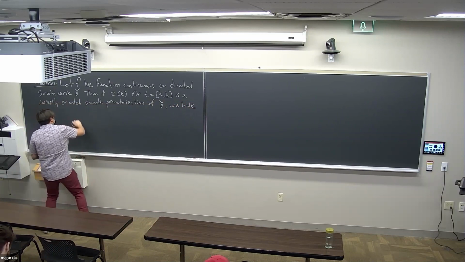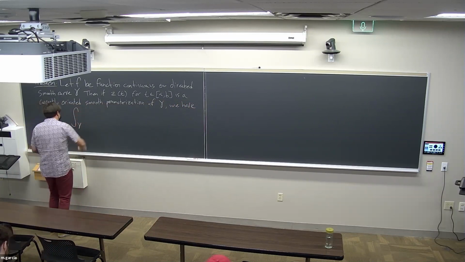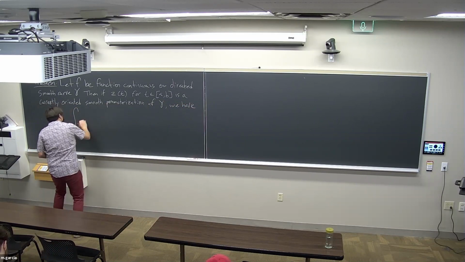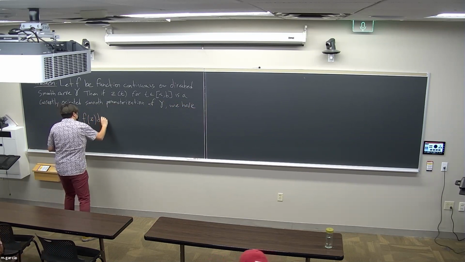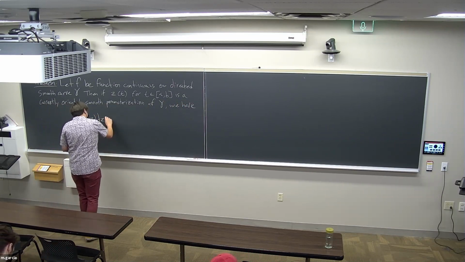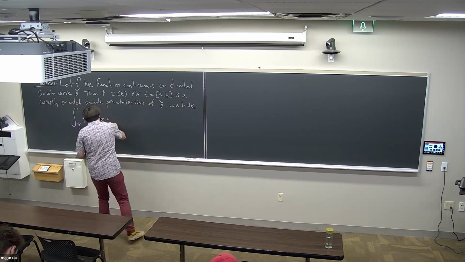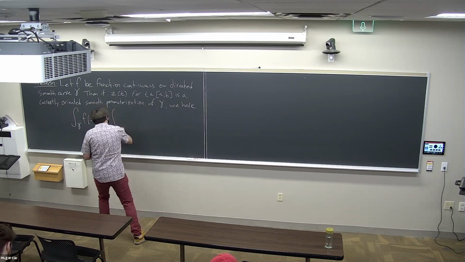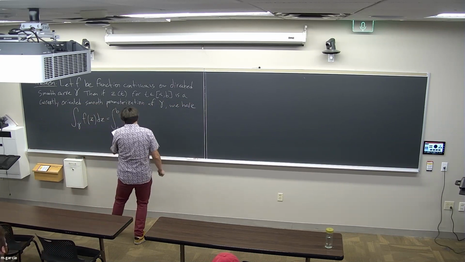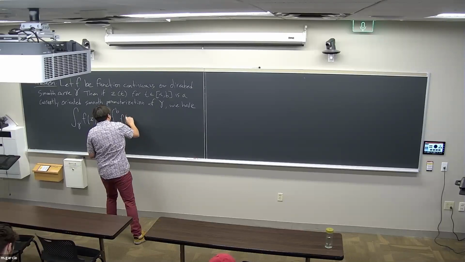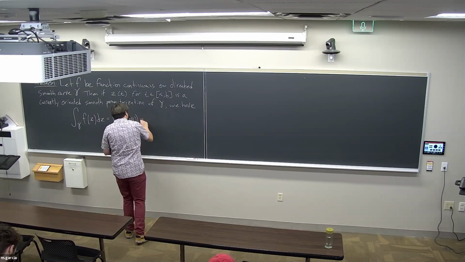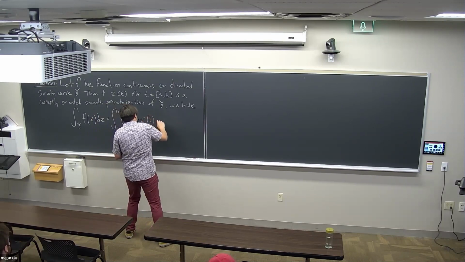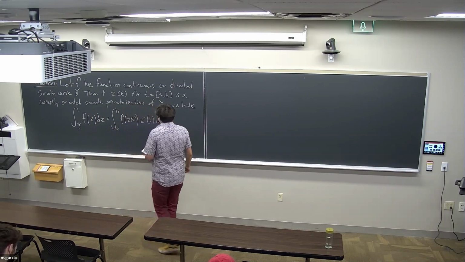And this is what we spent the end of Tuesday justifying, that when we look at the Riemann sums that define this contour integral and the following real integral, the integral from a to b of f of z of t times z prime of t dt are equal.